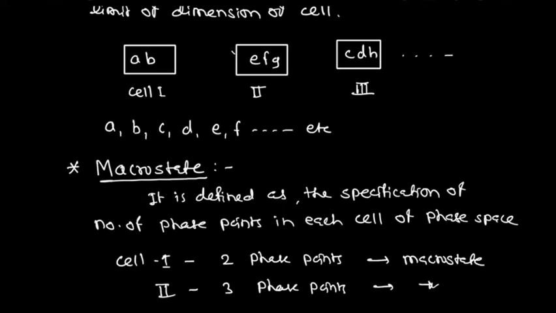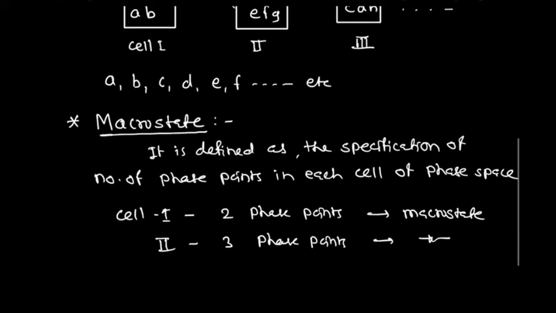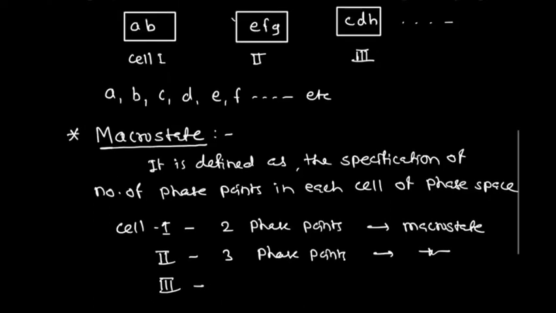It also gives another macrostate. Cell 3 also specifies 3 phase points. Only we are considering the number of phase points in that cell. Here are again 3 phase points, and it is again another macrostate.